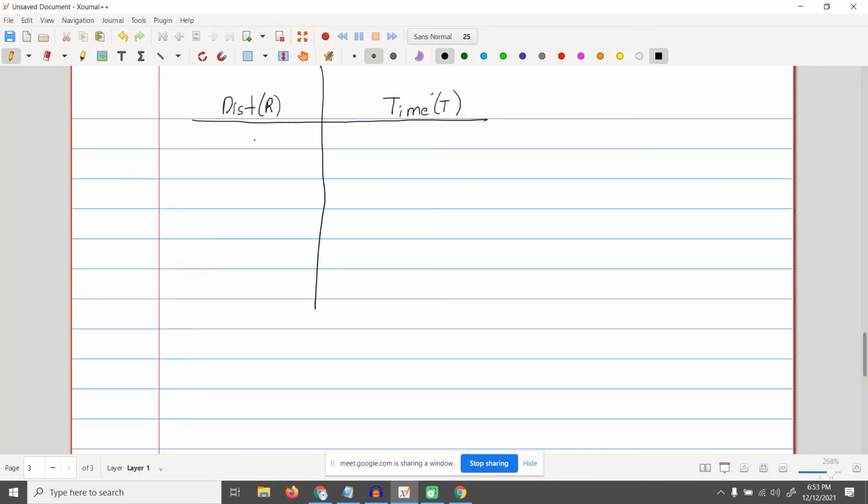Let's say we have some data over here, 2, 4, 6, 8, and 10. And then we have the time period or some other data over here. This is 5, this can be 17, this will be 37, this will be 65, and this will be 101. So how do we know there's a relationship between these two?